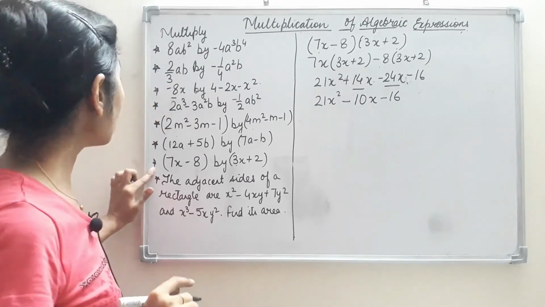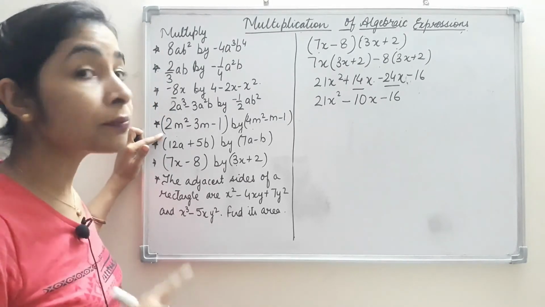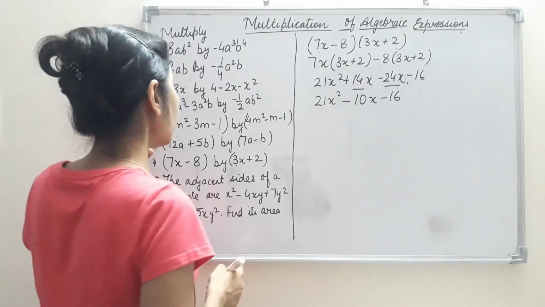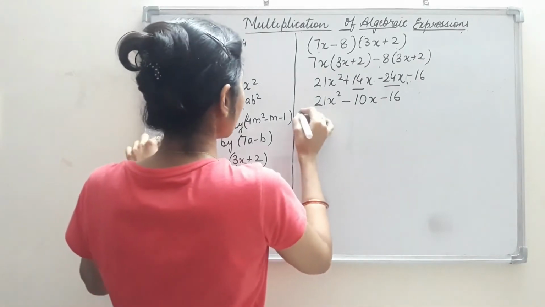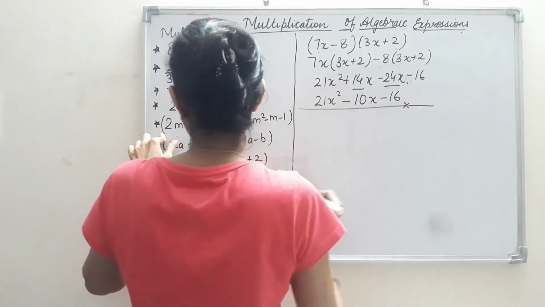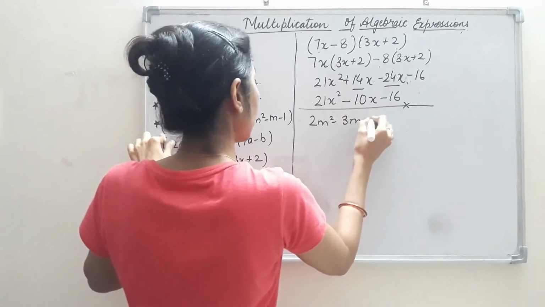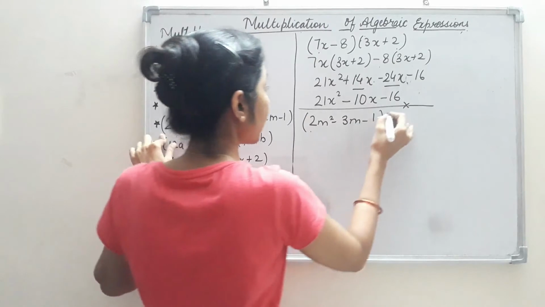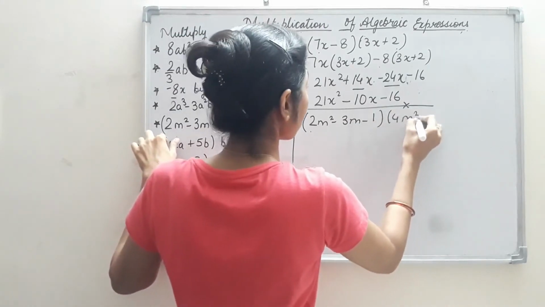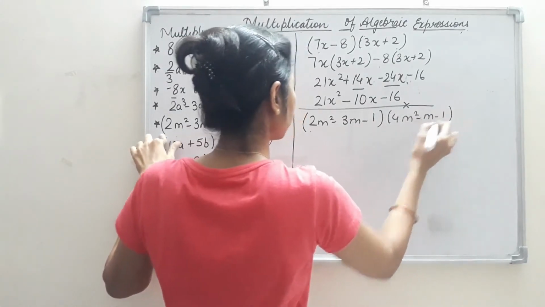So we have done up to here. Now let us see this trinomial multiplied by trinomial. When we multiply, again the same rule we follow. 2m square minus 3m minus 1 multiplied by 4m square minus m minus 1.